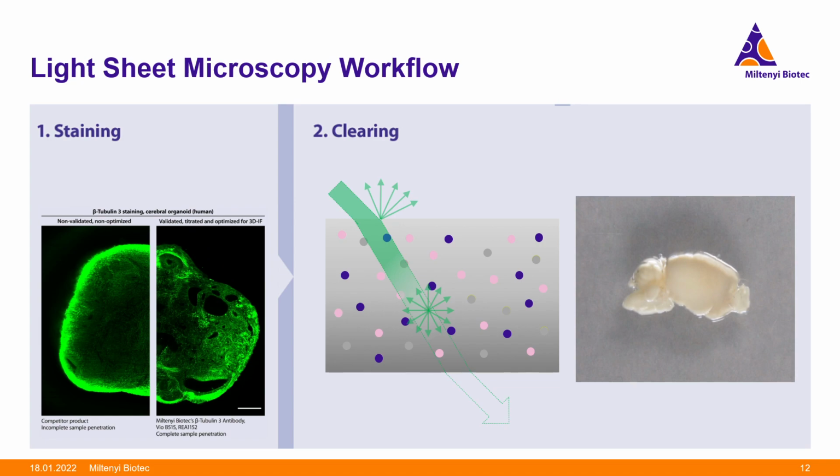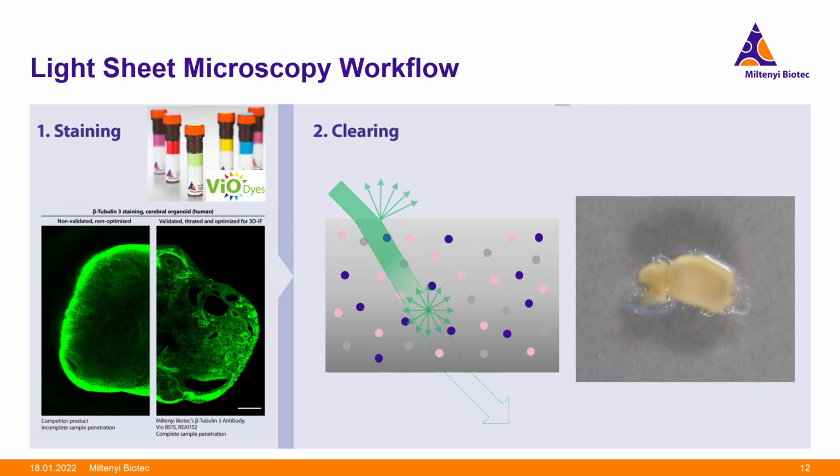However, it should be noted the system is not limited to only using this kit and has the flexibility and the support to handle all different types of clearing methods, ones that you may have already worked with and optimized for your specific samples.